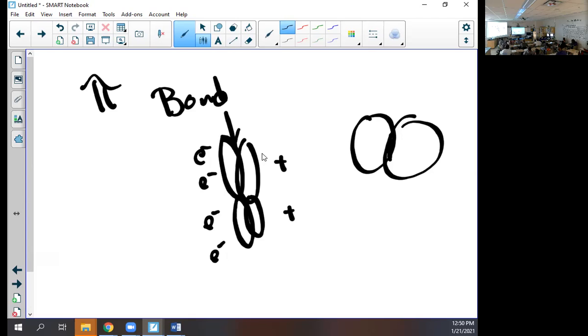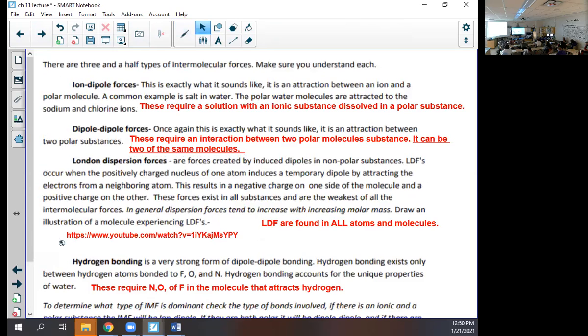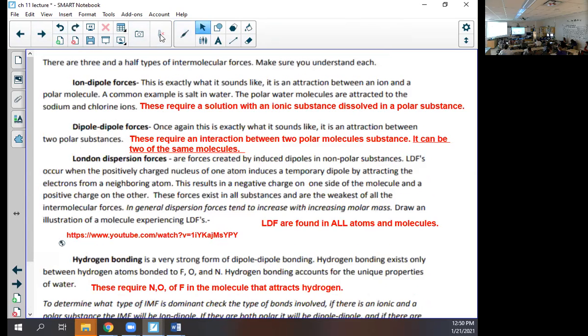Okay, so London dispersion forces exist between every single thing that we have. So we have ion-dipole, that's when something ionic dissolves in something polar. We have dipole-dipole, that's when we have two polar things, which once again could be the same two polar things.